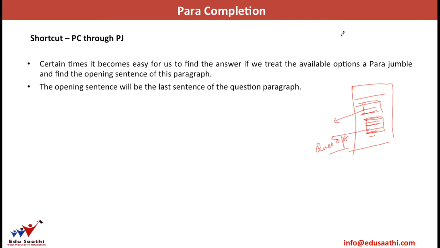And since both these passages are derived from the same source, they are more or less similar. They sound the same, and the person answering the question is confused the most.